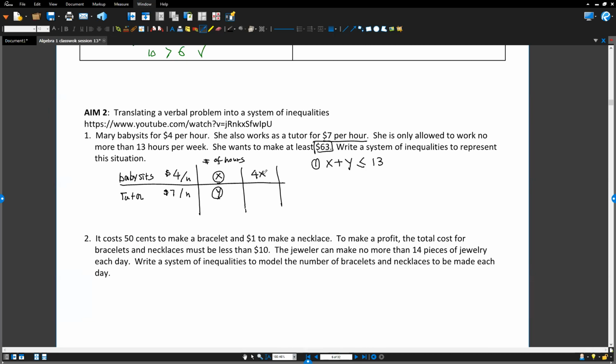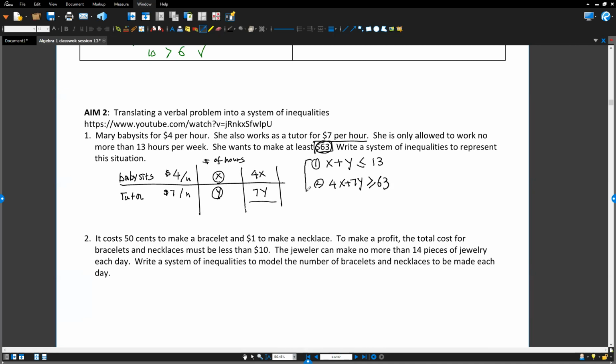What about tutor? y hours, each hour gives $7, so 7 times y dollars. The grand total is 4x plus 7y. This grand total must be greater than or equal to $63.